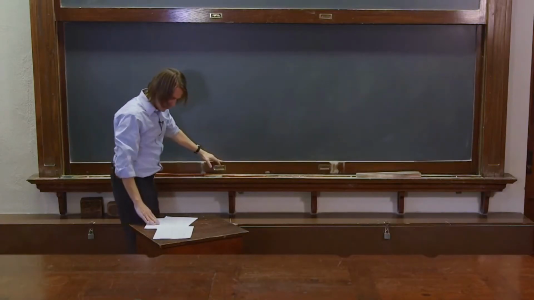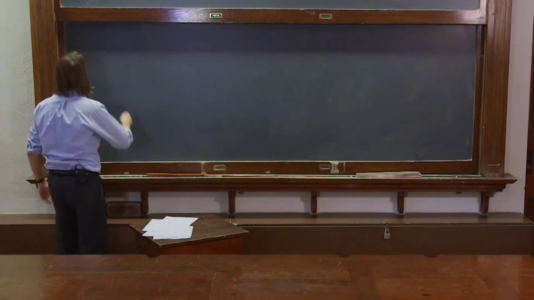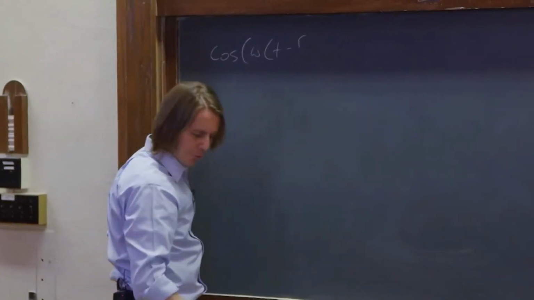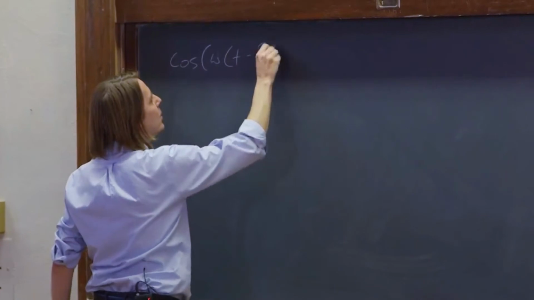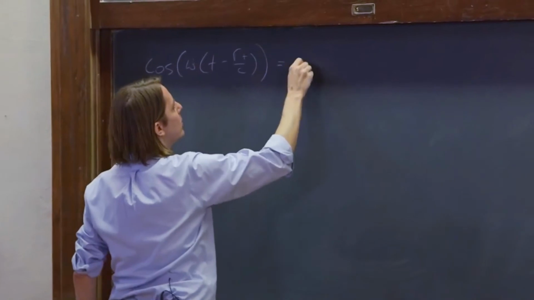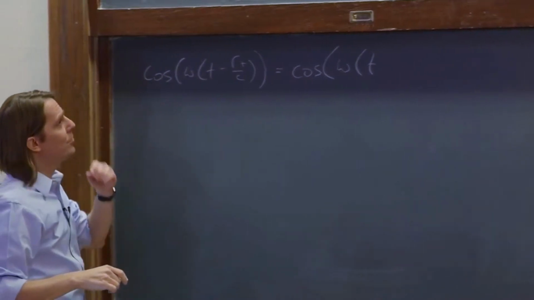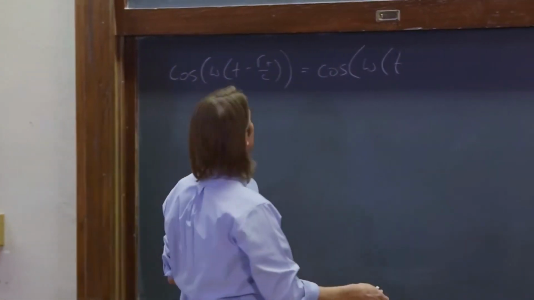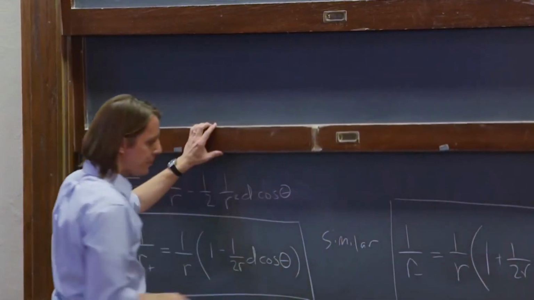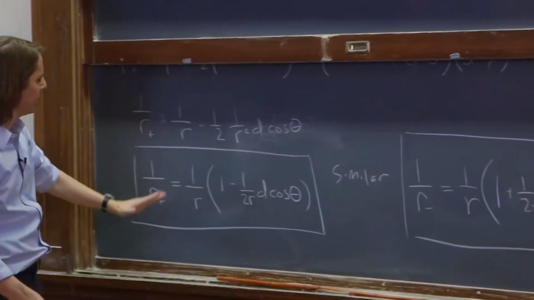Okay, so let's keep going and say, oh yes, cosine of omega times the retarded time. I'm going to do plus or minus first. I'm going to do plus, r plus over c. What is that equal to? Well, it's equal to the cosine of omega t minus r plus over c. Well, we just solved that. We got 1 over r plus, so all we've got to do is invert it and put a 1 over c, and then invert this one.